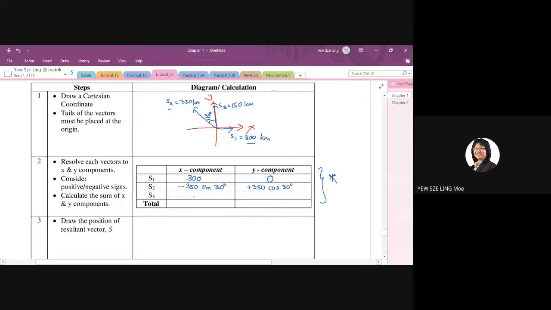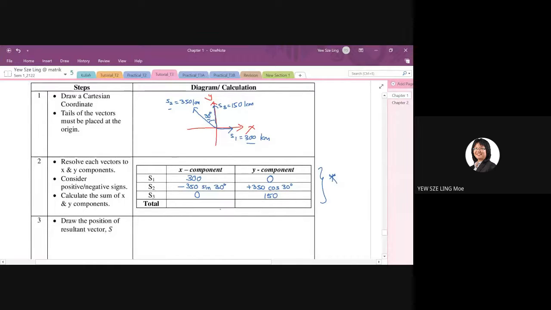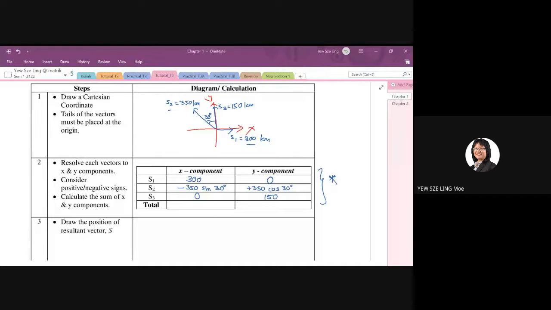S3 is lying on the y component, which means that S3x is equal to 0, whereas the y component is 150 km. So that is how you resolve a vector when they are lying on the horizontal and vertical components. It means that you don't even have to resolve it. Straight away you got the answer.